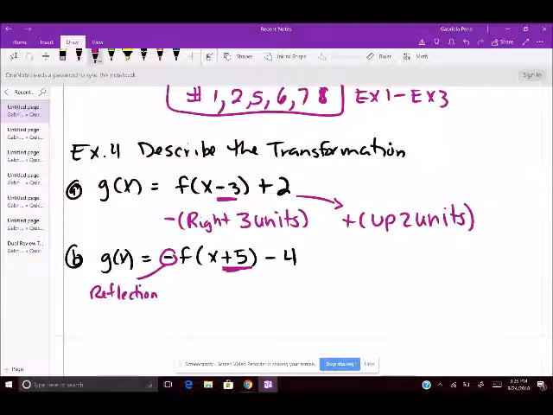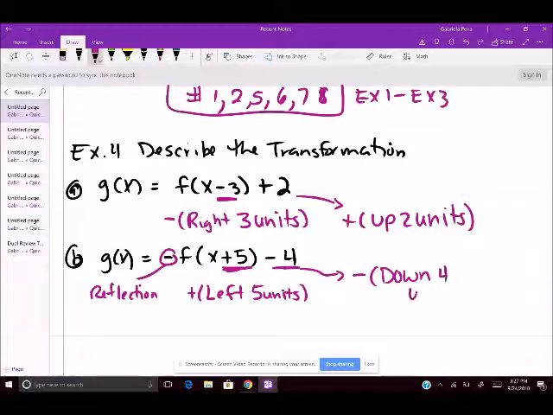The plus inside, because it's grouped, it means it moves left 5 units. The minus 4, because it's a negative, it means that it moves down 4 units.